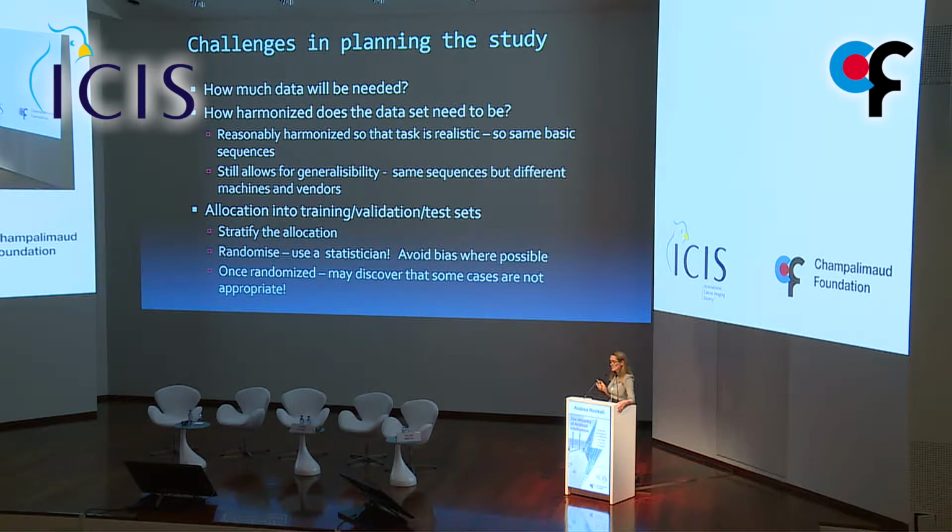The problem is you have to wait till the whole data set is in, and that you have some form of knowledge about the data set as to what type of disease is present, so that you can have a fair balance. And then the other problem is that once you randomize it, as we discovered, sometimes the cases that are randomized into one set or the other are not usable, so you end up not having the perfect data set that you wanted.